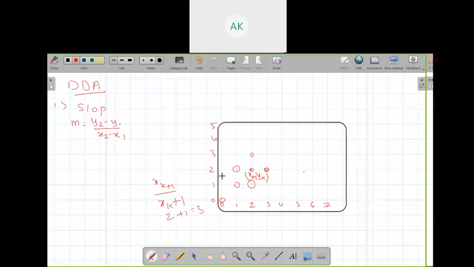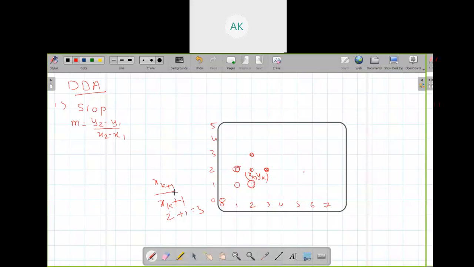But subscript k plus 1 means the next point we are going to select for that primitive. It may be this point, based on our algorithm's calculation, or after calculating you select this pixel or this pixel.